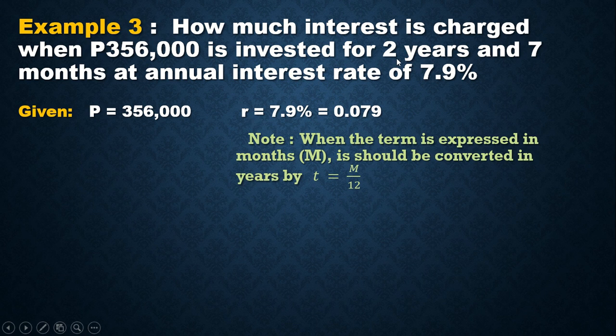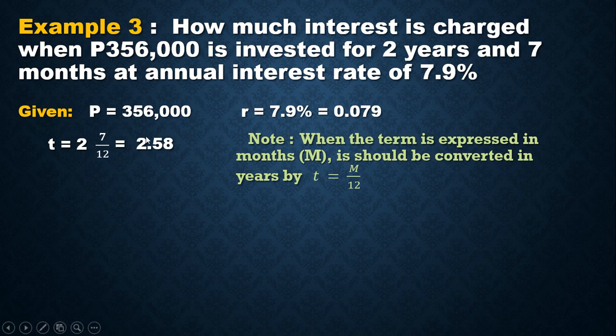Sa example number 3 po natin, ang term po natin ay 2 years and 7 months. So may 7 months po tayo rito. Ang ibig sabihin, itong 7 months na to ay kailangan pa rin natin i-divide sa 12. So ang term natin ay 2 years and 7 months. Yung 7 months i-divide natin sa 12. So it is equal to 2 years, 0.58.